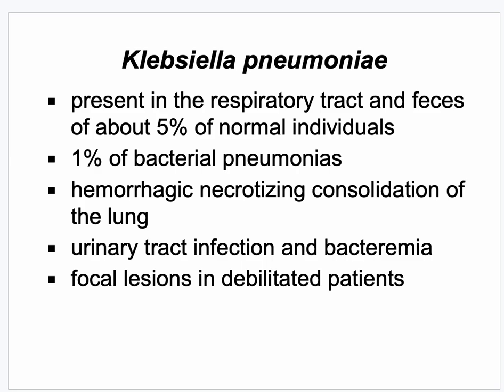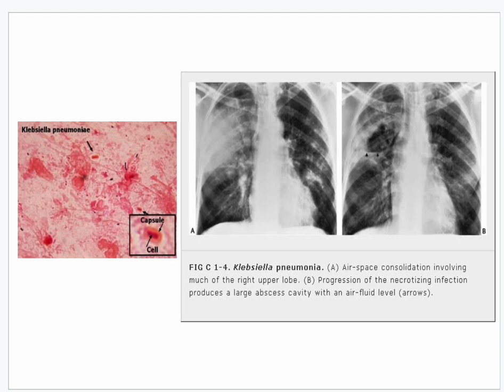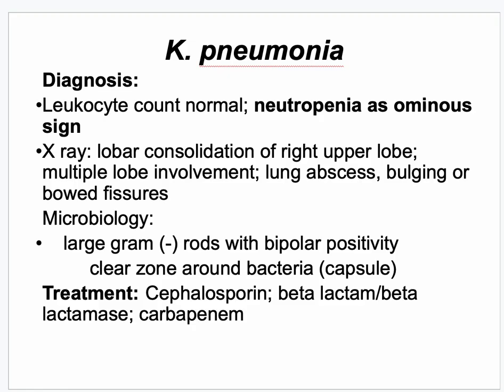Okay. So, Klebsiella pneumoniae is present in the respiratory tract and feces of about 5% of normal individuals. It can also cause urinary tract infection, bacteremia, and hemorrhagic necrotizing consolidation of your lungs. So, how do we diagnose this?